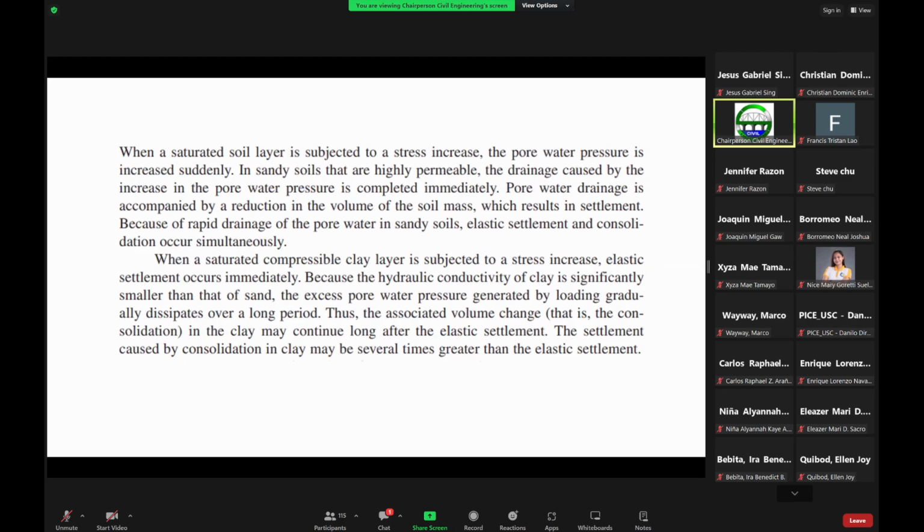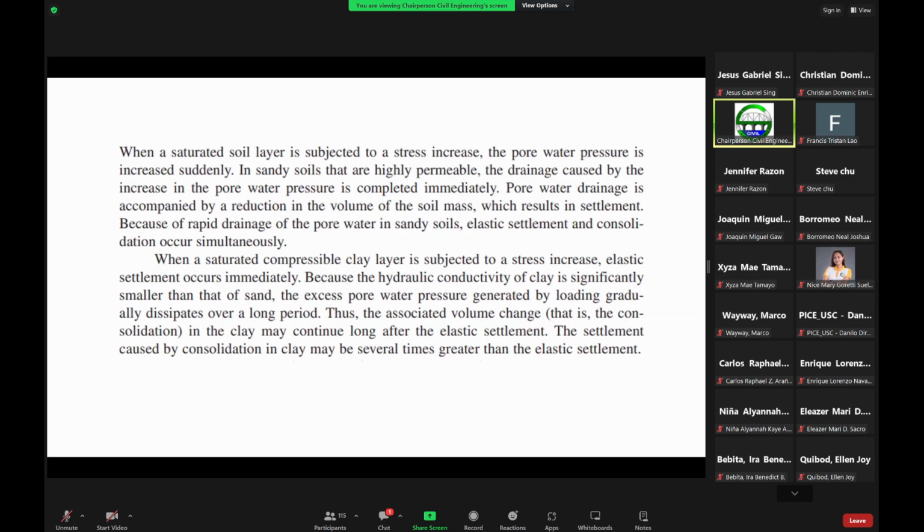So far we have discussed the basic formula for the elastic settlement or the immediate settlement. Now let's talk a little bit about consolidation settlement.